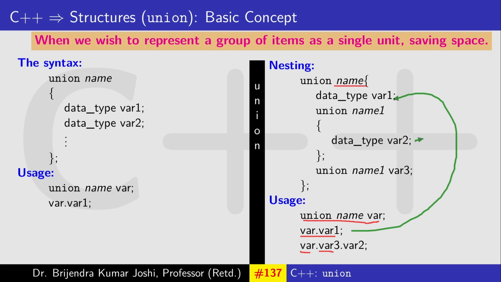Var dot var3 will bring us to this location, and then dot, meaning its member, will bring us to this variable, that is var2. So this is the way we can access the members of nested unions as well.